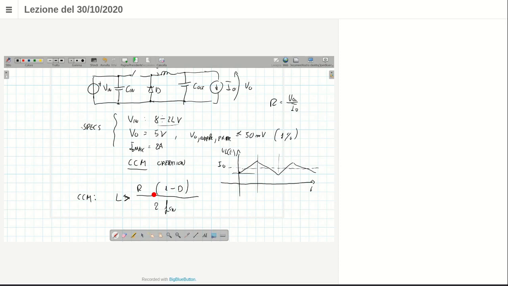Since the inductance should be larger than something, this condition is most difficult to be met when this expression here is maximum. To maximize this expression, we choose the maximum value of the output load resistance. This is actually the load. And to maximize 1 minus D, we have to choose the minimum duty cycle.